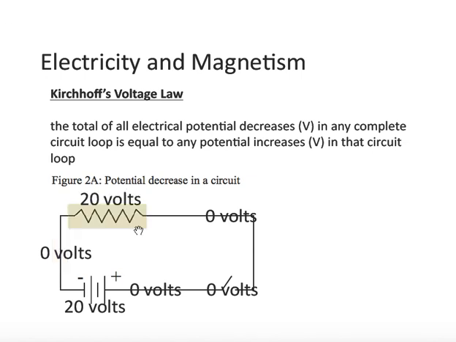And so what Kirchhoff's law basically says is this. If we have 20 volts at this point, then at this same point where instead of there being an increase in potential, there's a decrease in potential because the electrons are transferring their energy to the load, it basically says that 20 volts has to equal 20 volts. That's all it says.